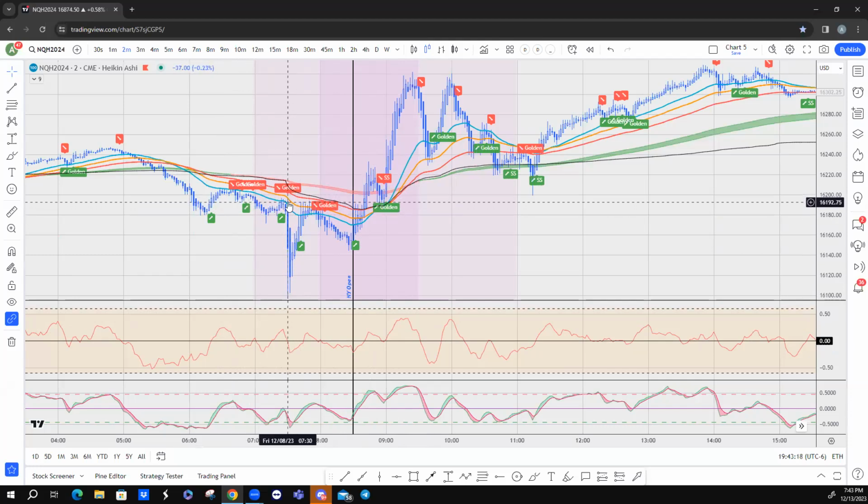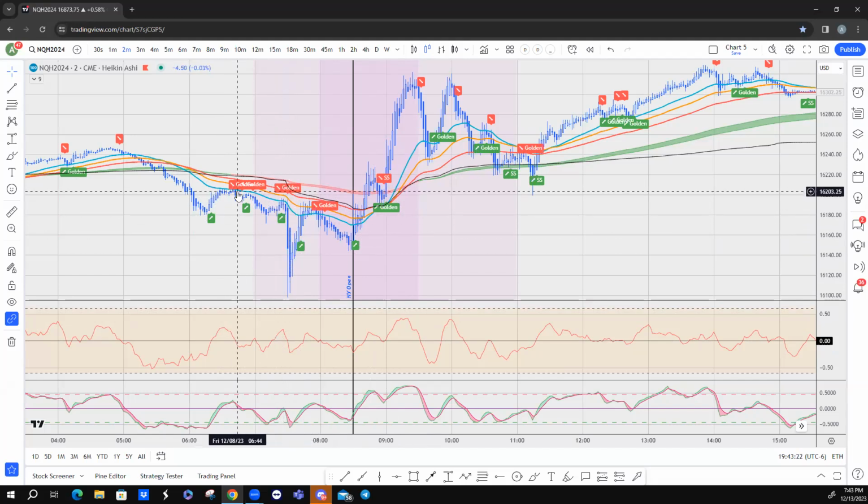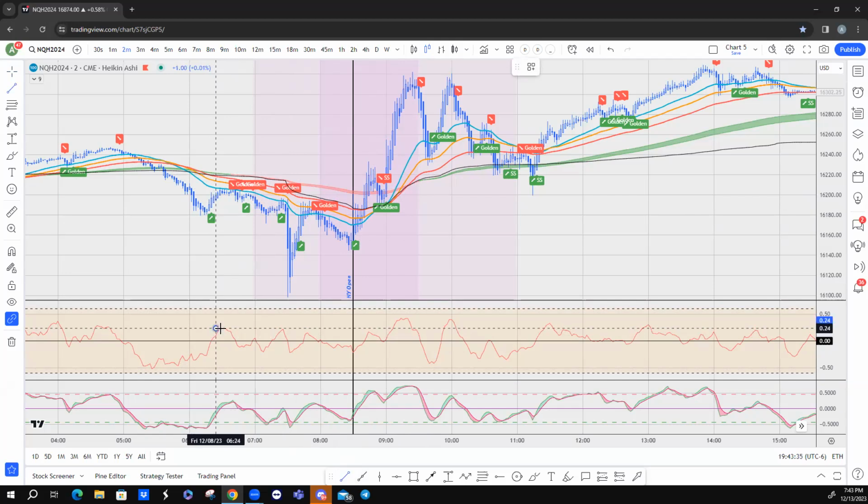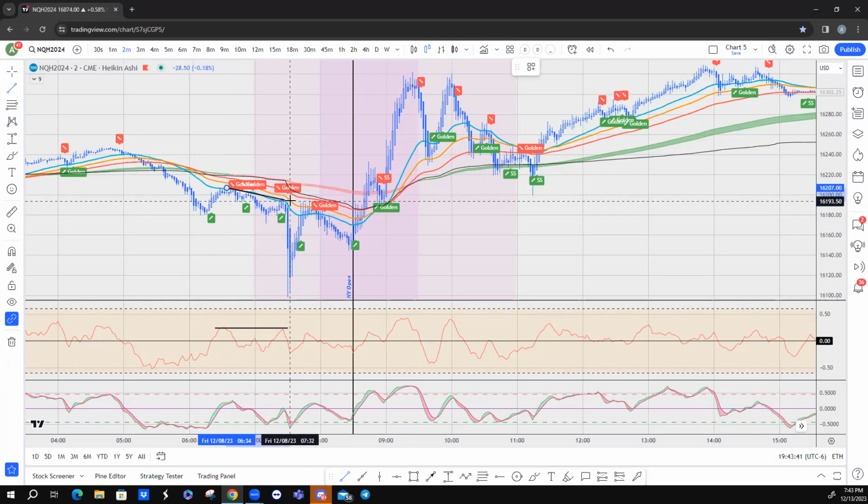I don't like to trade the news because sometimes things can happen, but if I see a divergence, then I will take it. And right here, these are equal highs, which is part of a divergence pattern. And that's a nice pattern to take right there.